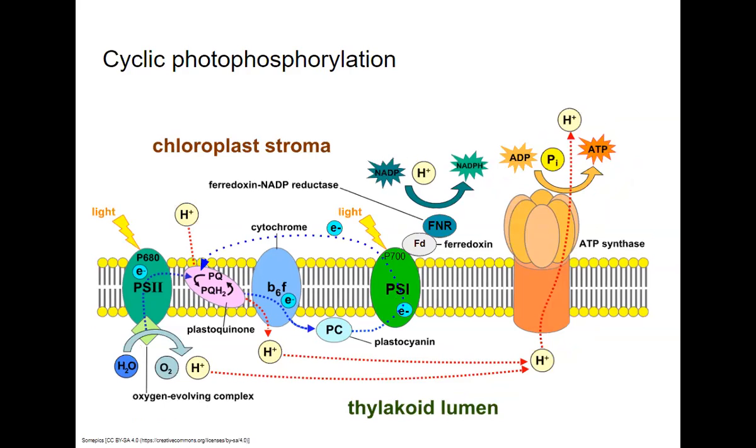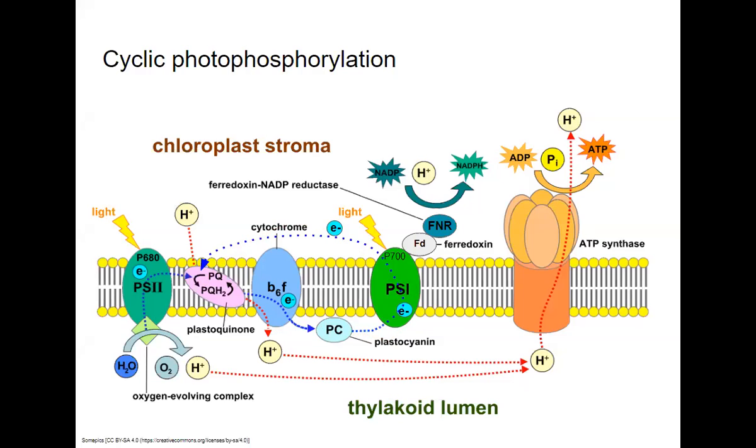There's a little bit more to the story, of course, and that is the lake that we're building is not big enough unless we also do this. This is called cyclic photophosphorylation. In this case, we are going to pass an electron through plastoquinone, cytochrome B6F, plastocyanin to photosystem 1, but this time we're not passing it to our final electron acceptor. What we're going to do instead is boost that electron and give it back to plastoquinone.